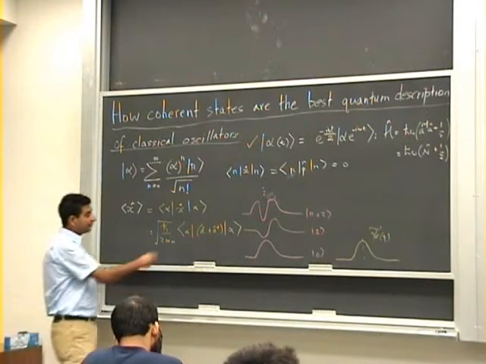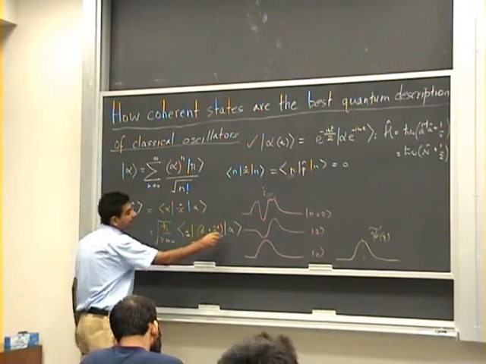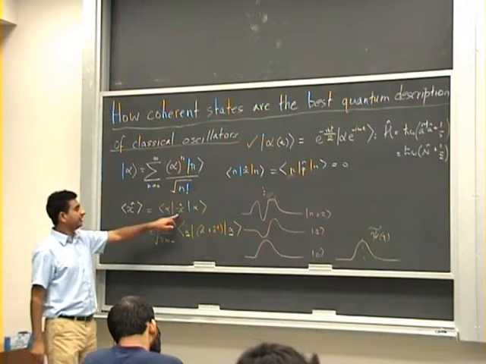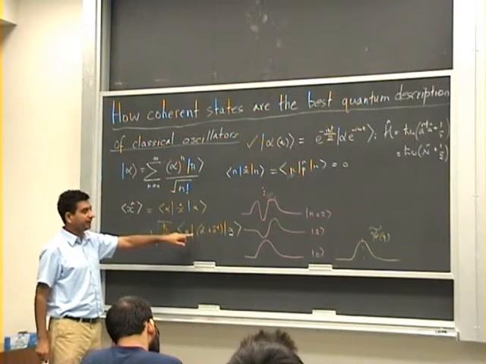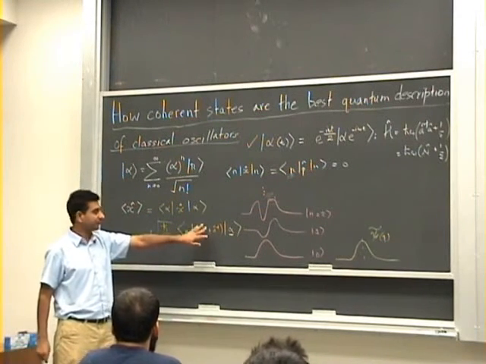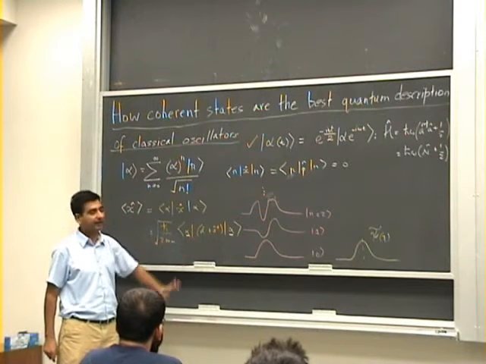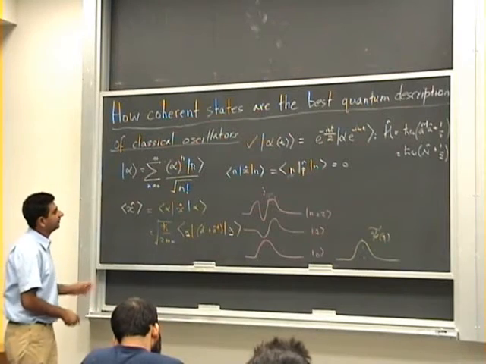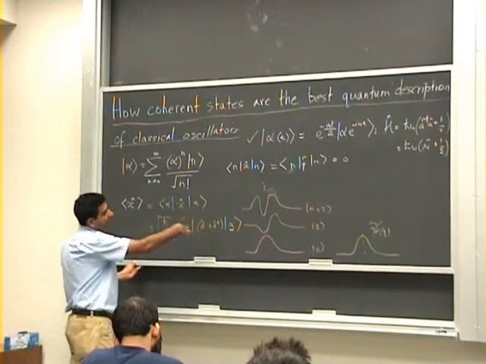Later we'll see what is the physical significance of this alpha. So I've written the position operator in this dimensionless basis, which is spanned by the operators a and a dagger. And now I can simply find out this inner product.